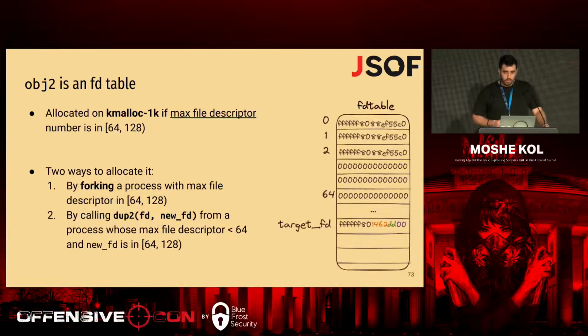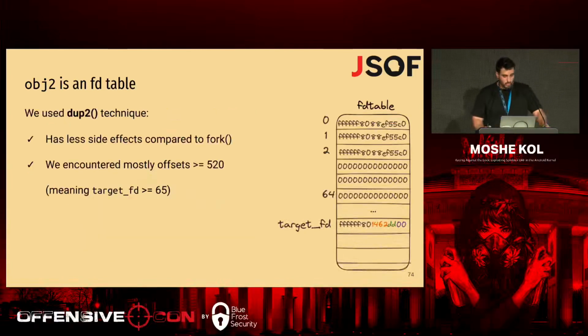If we invoke it from a process that has a maximum file descriptor less than 64, and the new file descriptor is between 64 and 128, then the file descriptor table will be expanded for this process and will be allocated in kmalloc-1k also.